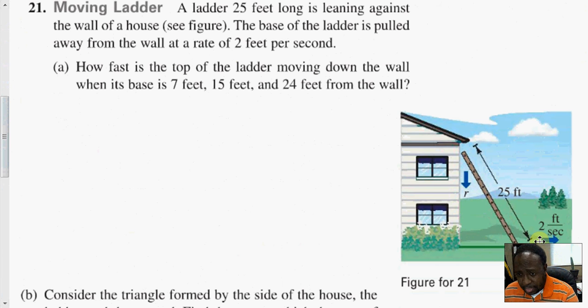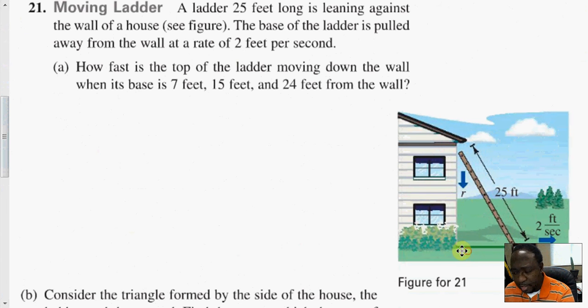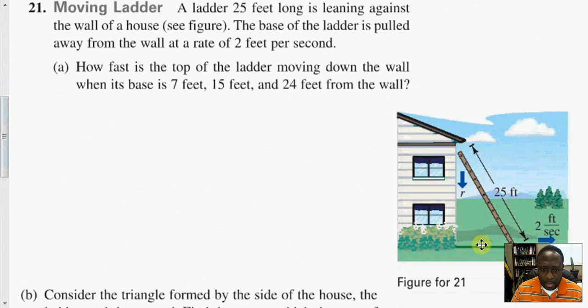How fast is the top of the ladder moving down? That's the direction of r, so we're looking for the rate of r, dr over dt, when the base is 7 feet from the wall, and when that base changes to 15 feet, and then when that base changes to 24 feet.